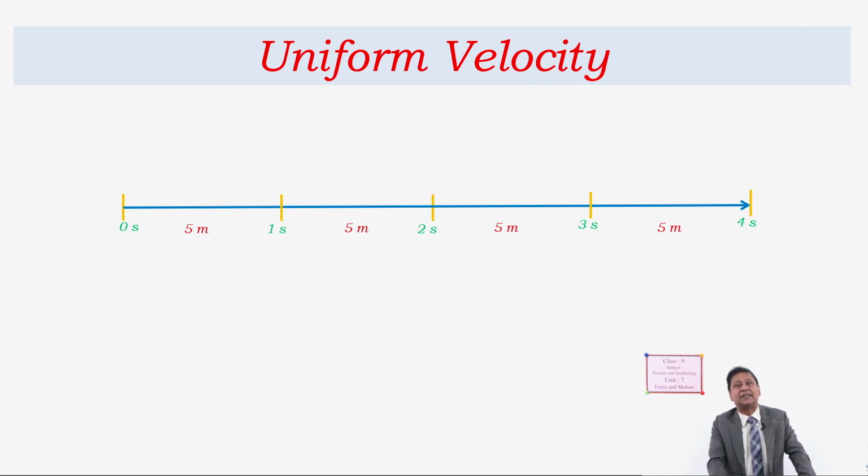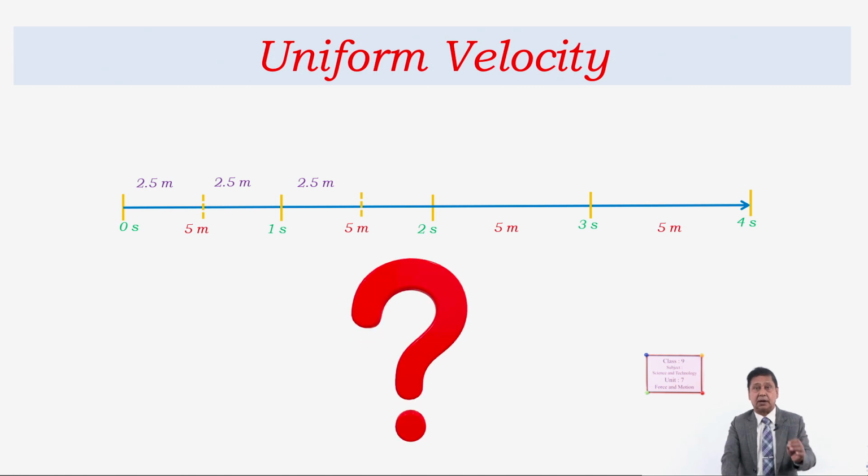Now we can define uniform velocity this way. In every 1 second it covers 5 meter distance, and if we check the distance covered in half a second, it is found to be just half of 5 meter, that is 2.5 meter. Another half second 2.5 meter, another half second 2.5 meter. In this way, if it covers equal distance in equal intervals of time, however small these intervals may be, then the body is said to be moving with uniform velocity.